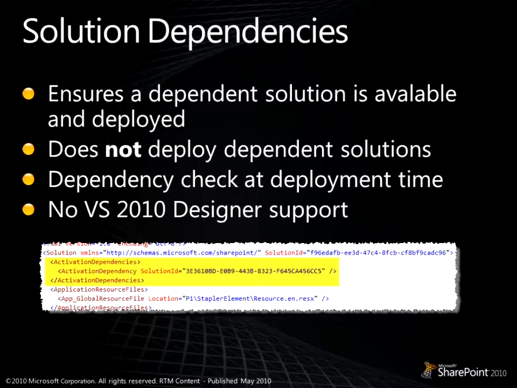You, for example, had some platform solution package which deployed platform code utilized by multiple web parts in other solution packages. In 2007, there was no way to check the existence of the dependent code as part of your deployment, and you always had to deploy the packages in proper order.